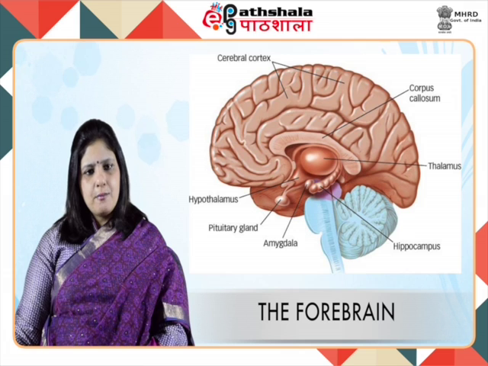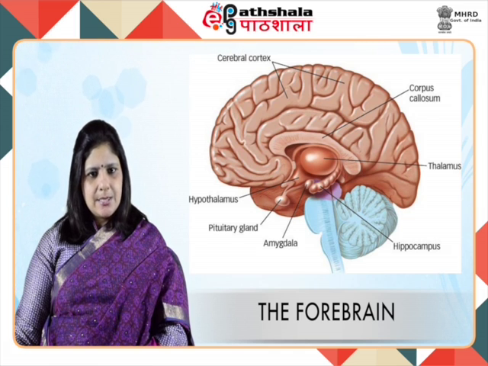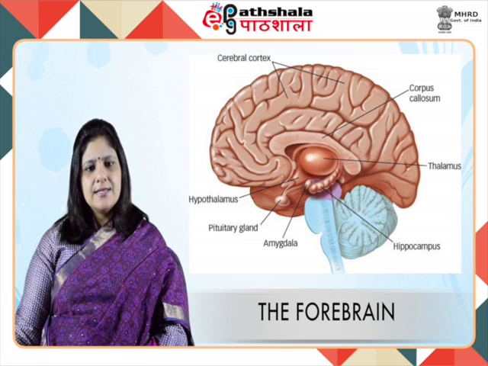Let's come to the forebrain. The forebrain is considered to be the brain's highest region, the most advanced portion from an evolutionary standpoint. This region is specifically involved in processing complex information, and it is for this reason that it differentiates us humans from the rest of the animal kingdom.